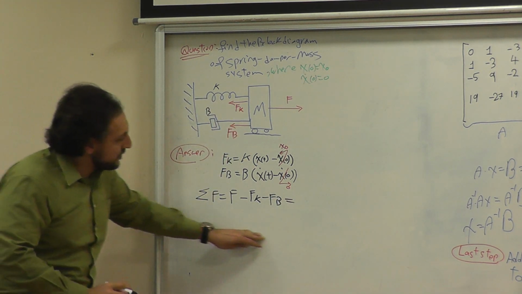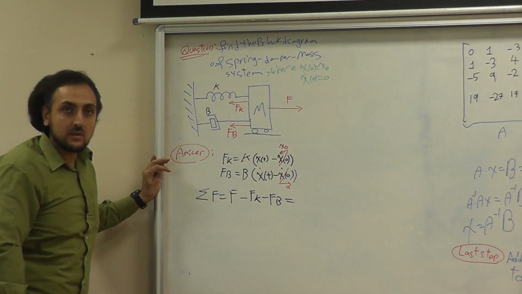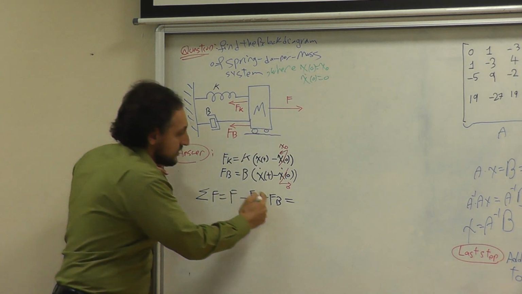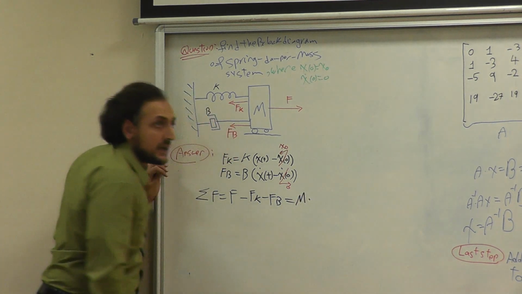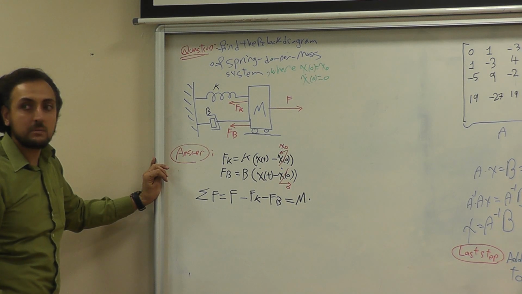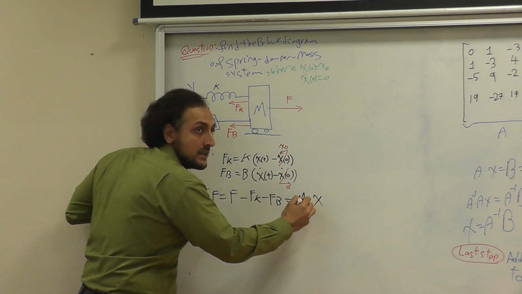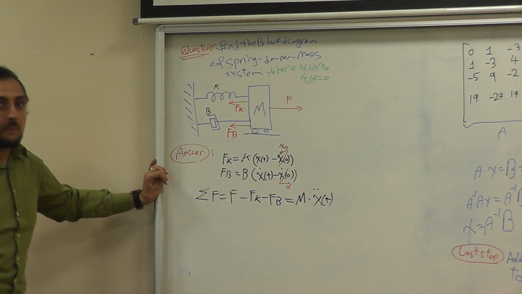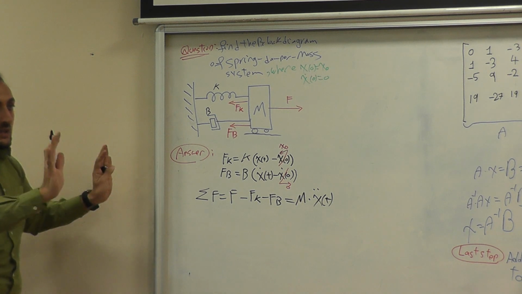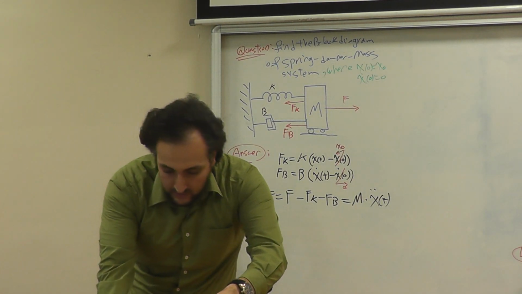Ben bu bütün kuvvet nereye uygulanıyor? Bu mass üzerine uyguluyorum. Tamam? O yüzden this is equal to m multiply what? Did you remember? Acceleration. What is acceleration? x double dot t. Yes. Did you understand the idea? This is physical, totally physical. Okay, let's go for the next step.